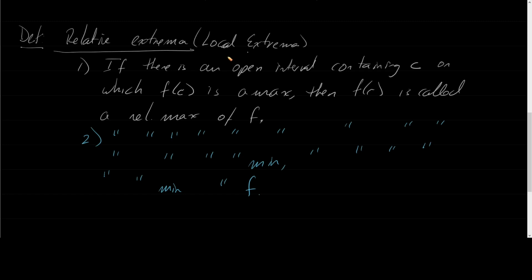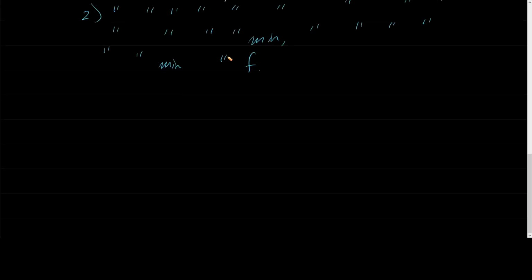So first, let's say that we have something that looks like this, and let's talk about all of these points that I have labeled there. This is in the closed interval from A to B. Now in here, we've got some values.